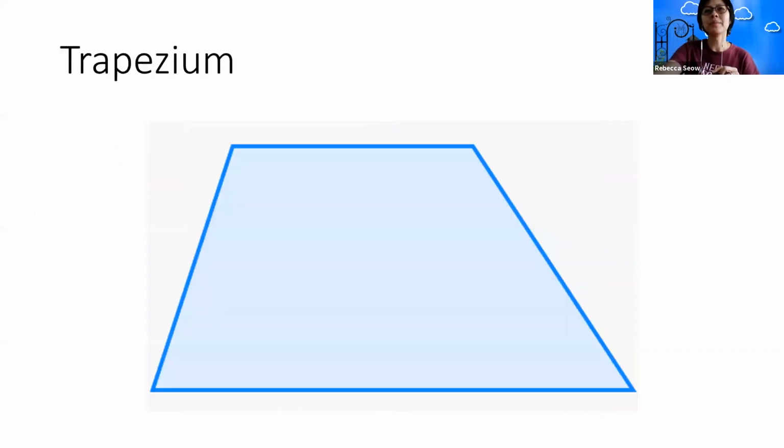I hope that you are able to follow the lesson so far. All right, lastly, we'll look at trapezium. Trapezium has one pair of parallel lines, and that's about it. And we could observe, as I said earlier on, these two form a pair of interior angles. That means they add up to be 180 degrees.